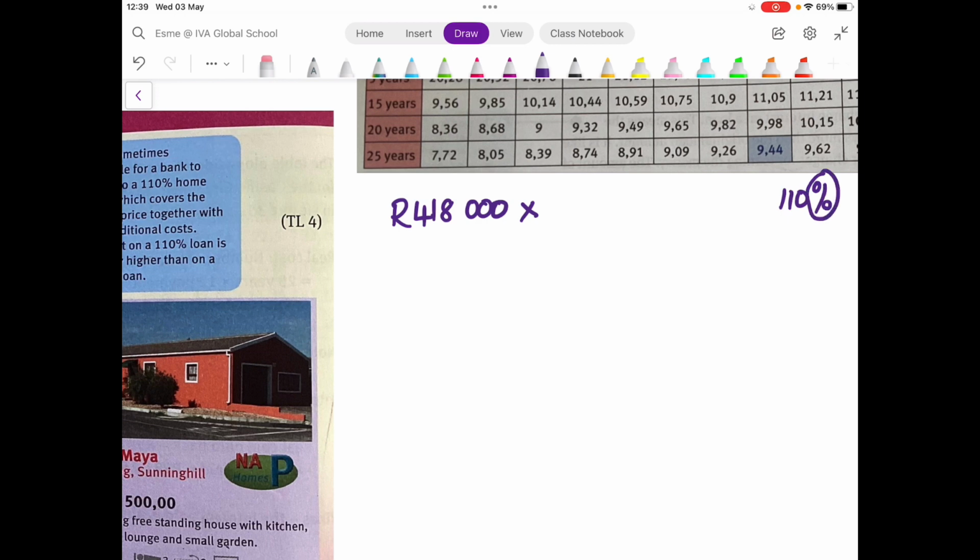Now remember, I always say to you, if it's part of the calculation, write it like this: 110 over 100. And if I multiply those two values, I will get 459,800. So my loan amount is going to be 459,800 rand. Now we were trying to work out the interest.